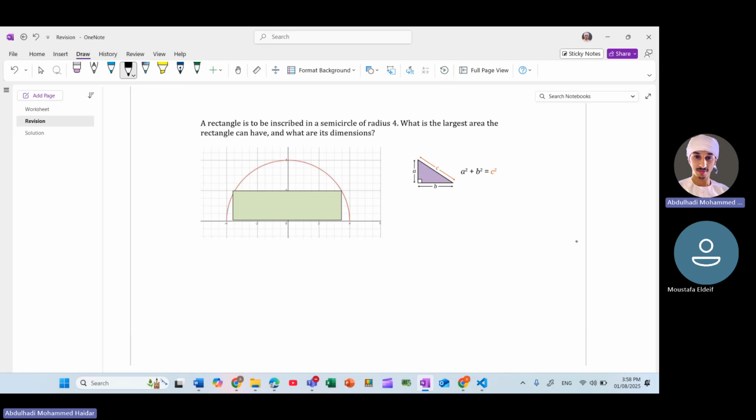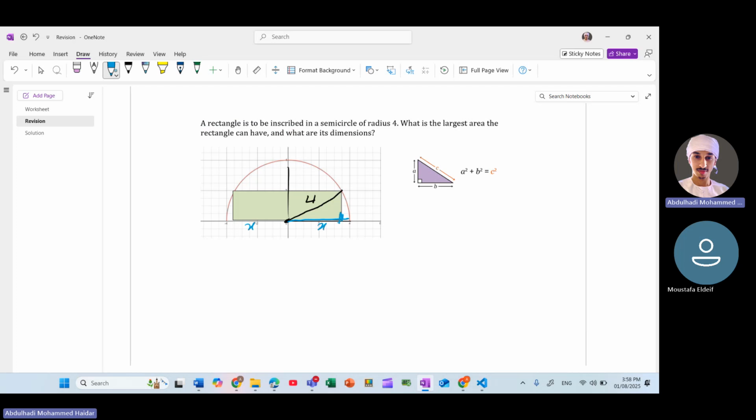This one is a rectangle inside a semicircle, okay? So we know that this is the radius, this is the radius, this is the radius, because it's from the center. So we are going to put this in the center and here. Okay, this is the radius. So here is 4, and I know this one is also 4, because it's the radius. So all of this is 4, but this one is x and this one is x.